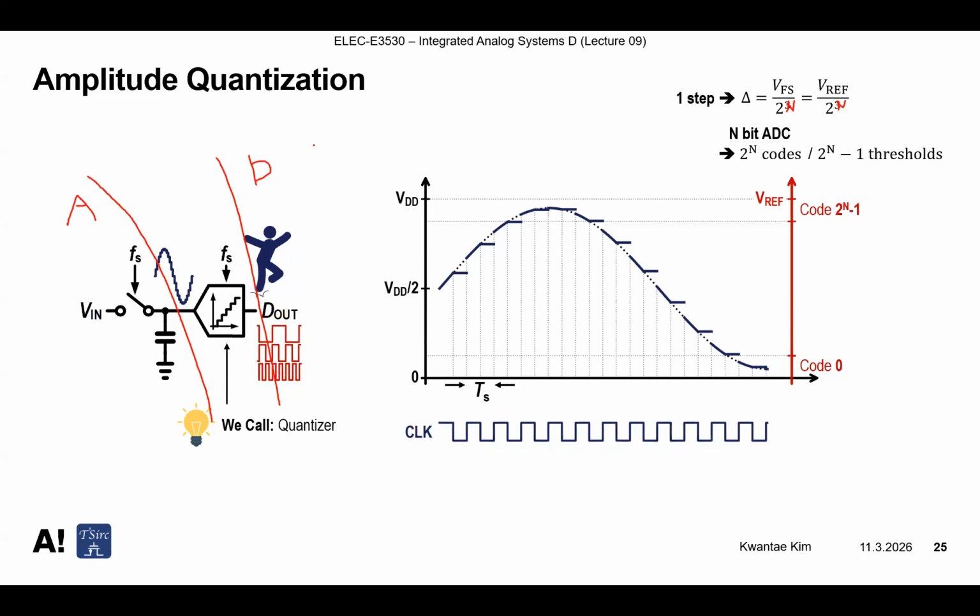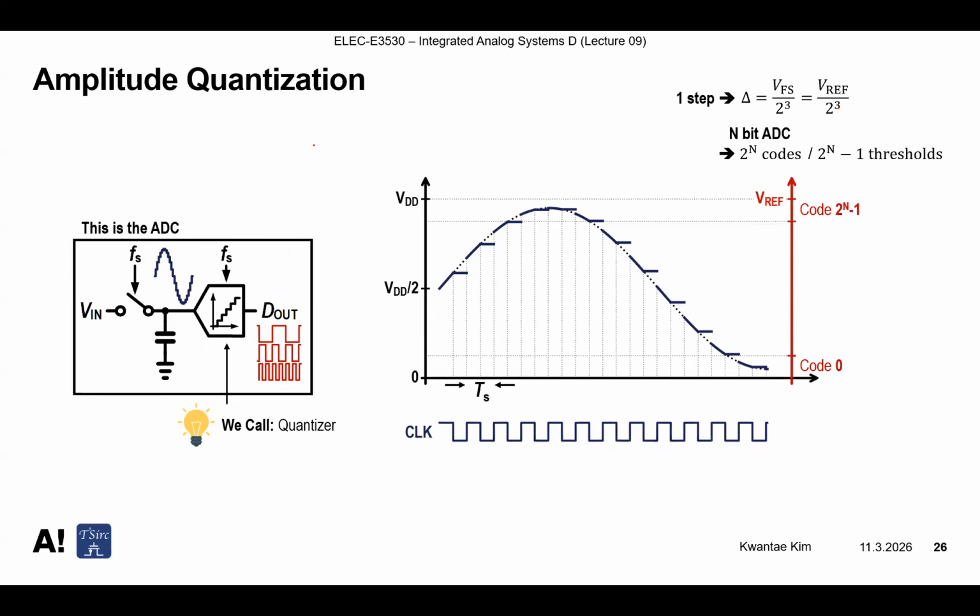So here, after sampling the analog signal, on top of sampling, if we put a quantizer, then now it becomes digital data. And we call this whole bunch of things, normally the sampler and the quantizer as a whole, an ADC, analog to digital converter.